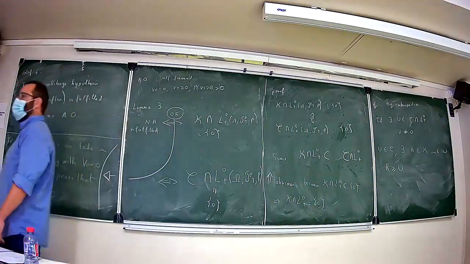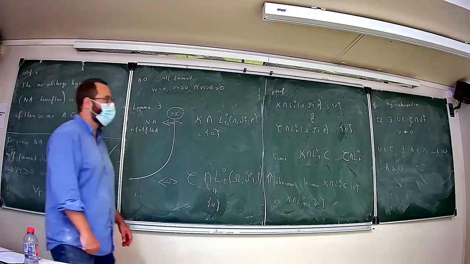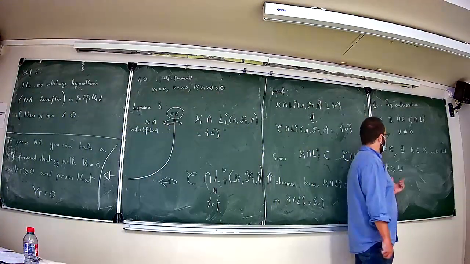So I am less than the final value of a self-financing strategy starting from 0. So there exists a K belonging to calligraphic K that is greater than U. Here. And it's finished.